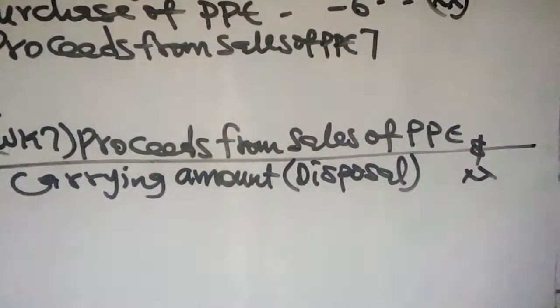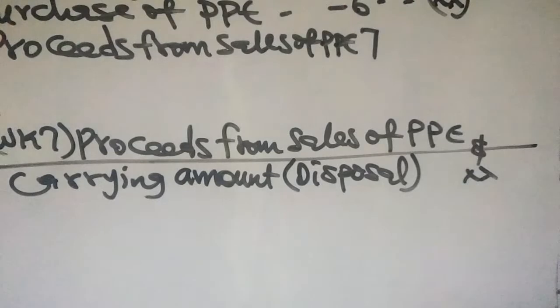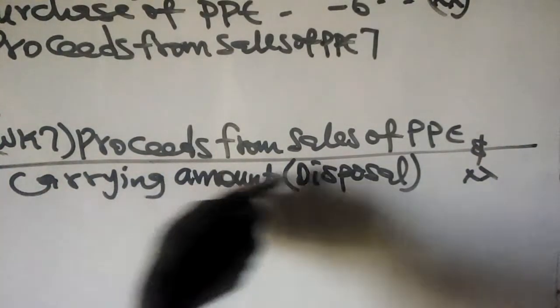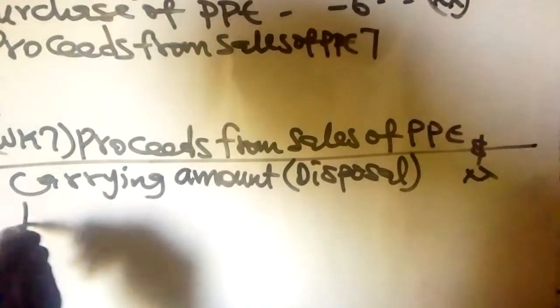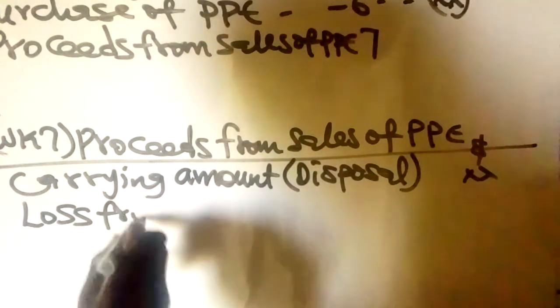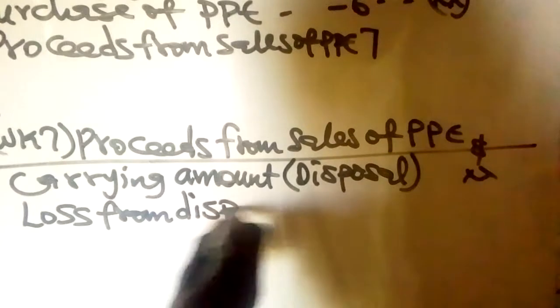I've told you that the carrying amount of the PPE disposed will be the cost of the PPE disposed less accumulated depreciation attributable to it from the date of its acquisition to the date of disposal. Remember where PPE are disposed, it may be sold at a profit or at a loss. Where it is sold at a loss, you subtract the loss from disposal, because the proceed is less.